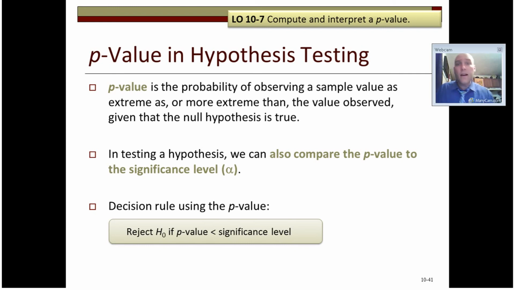The p-value method in hypothesis testing ignores the critical value altogether and instead gives us a number which we can then interpret. The p-value is the probability of observing a sample value as extreme as, or more extreme, further towards the tails, than the value observed, given that the null hypothesis is true.